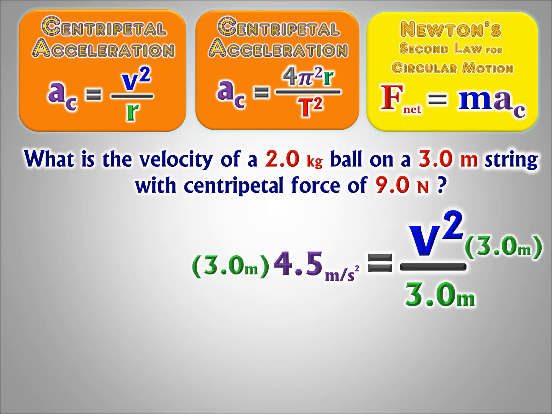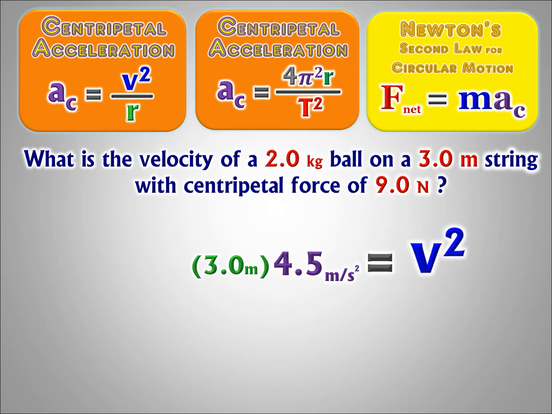We have to do it to both sides, 3.0 meters, okay? And of course, on the right side, 3.0 meters divided by 3.0 meters, that's a wash. It cancels out. The number cancels, the unit cancels. It's a goner. So now we can multiply the left side, 3.0 meters times 4.5 meters per second squared.